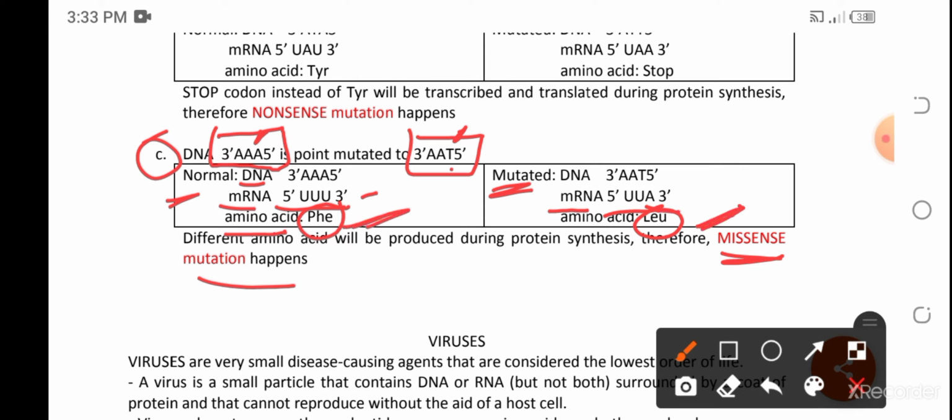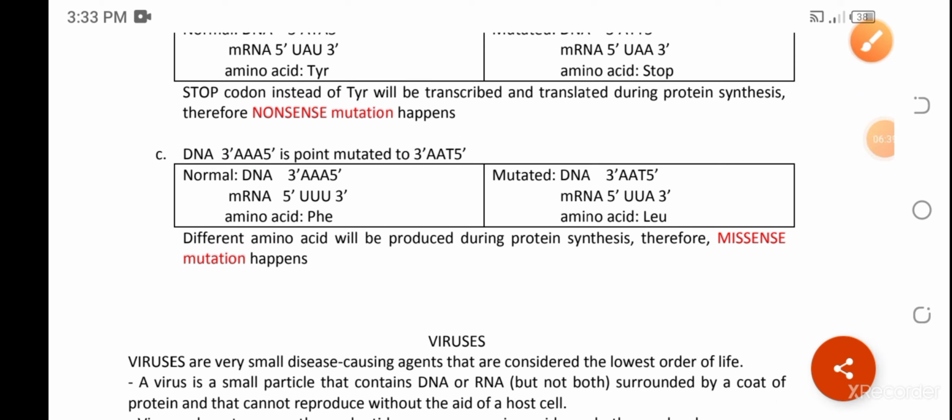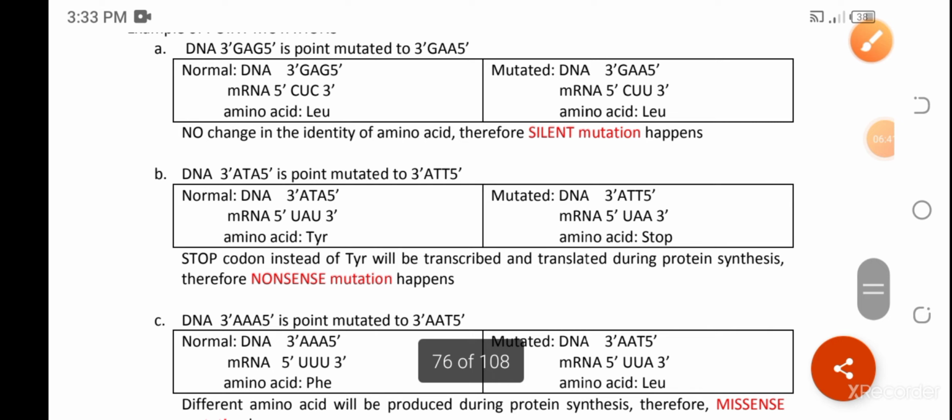This time, it is not a stop codon, unlike the second example natin. These are different amino acids, so therefore, this is a missense mutation. Naiba na yung kanyang message. So those are the three types of point mutation. We have silent, nonsense, and missense mutation.